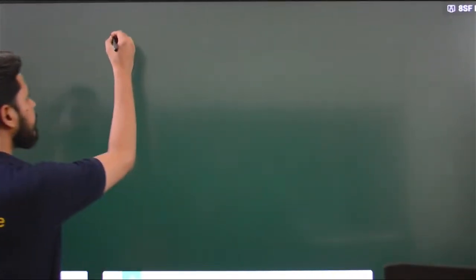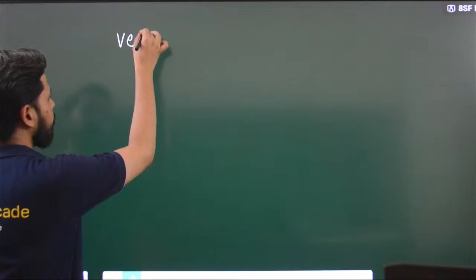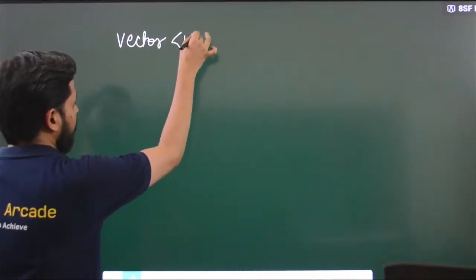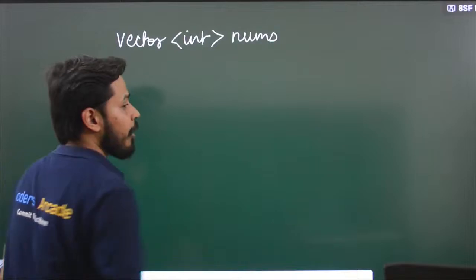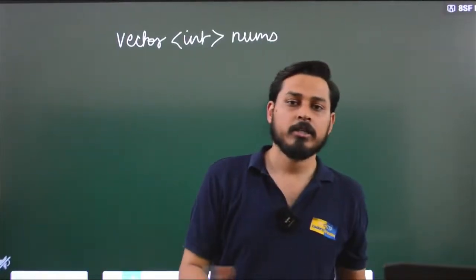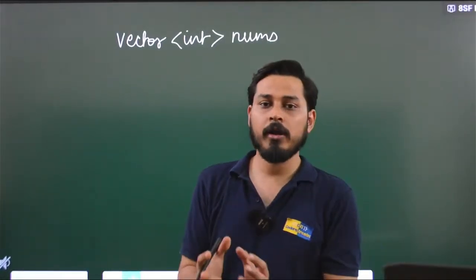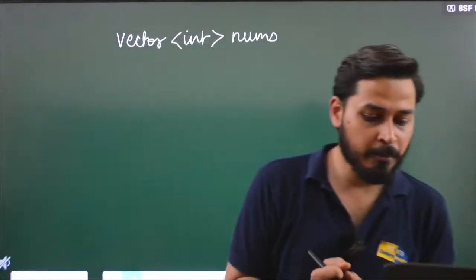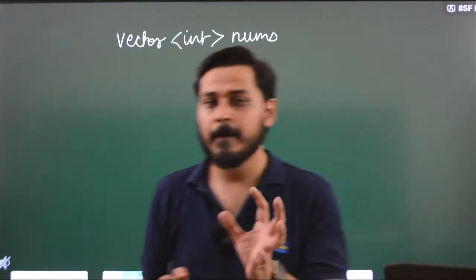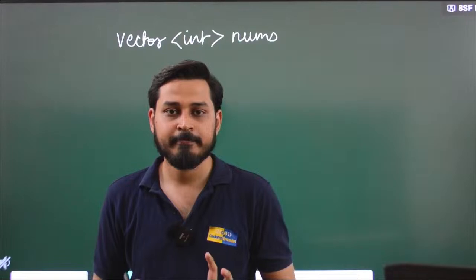So if I want to create a vector of type integer, I would say vector of type int, and then I give the name nums. And you have already created a vector called nums, which can hold all the integer type of data. I hope it is very much clear.